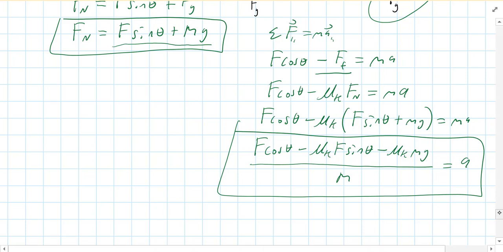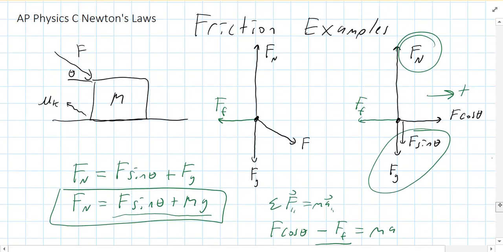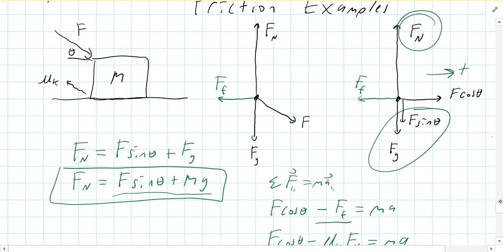Now, in that previous example we did without friction, I asked you some questions about what if we took the force and stuck it here instead. Same angle with the horizontal, but now you're pulling instead of pushing. How would all these answers change? Well, first of all, in this FBD, the force would now be directed upward. In this FBD, your F sine theta will be pointing upward.